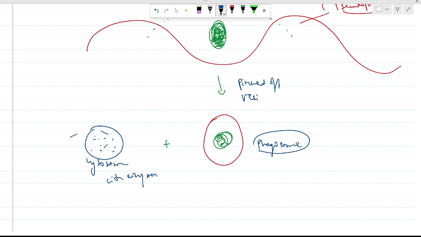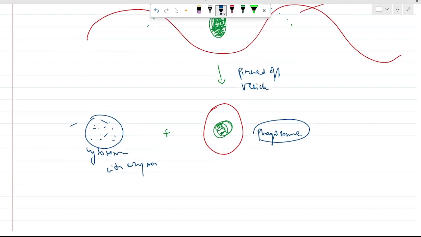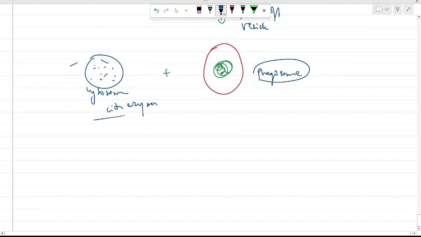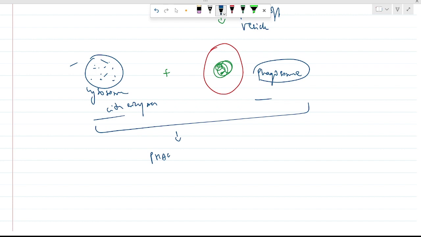So the phagosome and the lysosome combine here to form a phagolysosome.